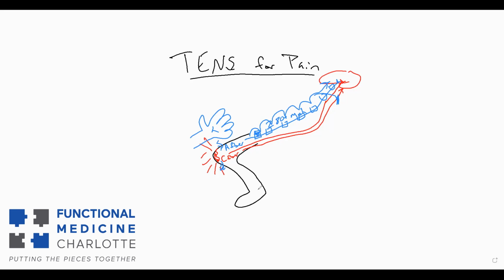So you can use the TENS unit to inhibit pain just by having it on and kind of feeling the electricity. But if you turn it up so that the muscle is kind of contracting, and you don't mind that contraction, and that's not hurting more, then that can help inhibit the pain further and actually strengthen the muscle.